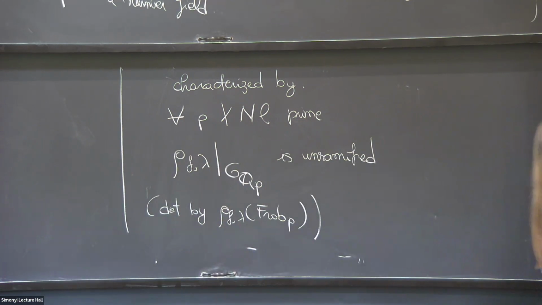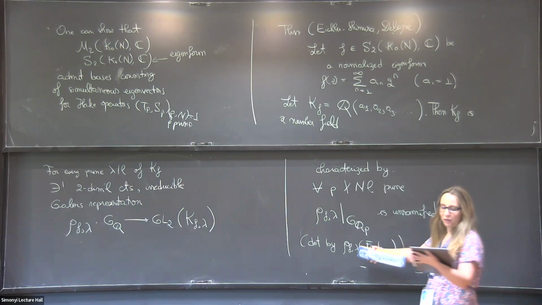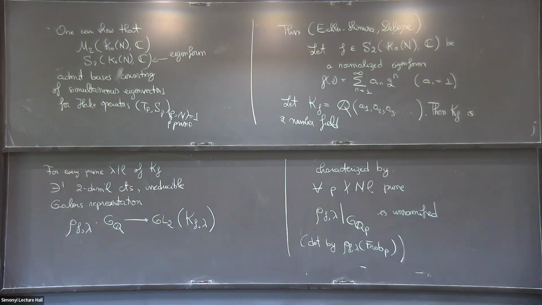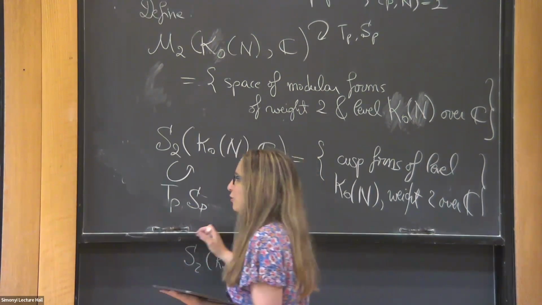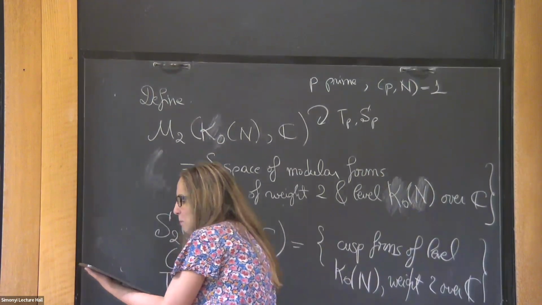And you can say what the characteristic polynomial of this 2x2 matrix is. Given that all of this is really well defined only up to conjugacy, getting the characteristic polynomial is really the most that you can hope for.